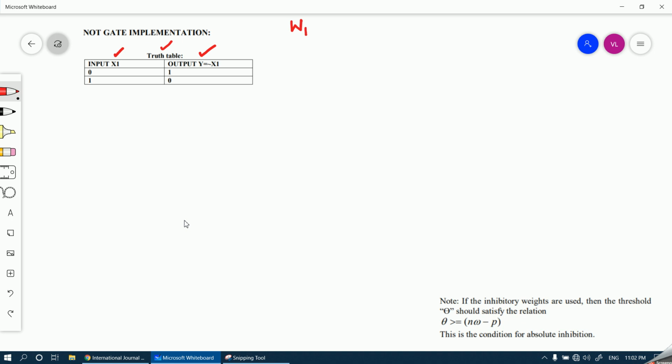So we consider inhibitory weight, which is negative, and excitatory weight, which is positive. So we will be having only two cases.